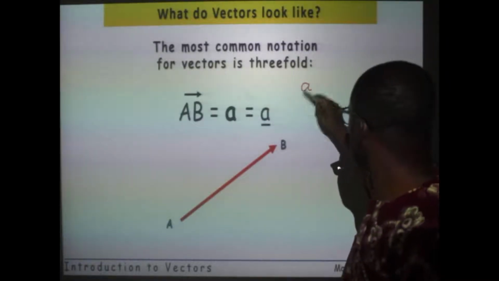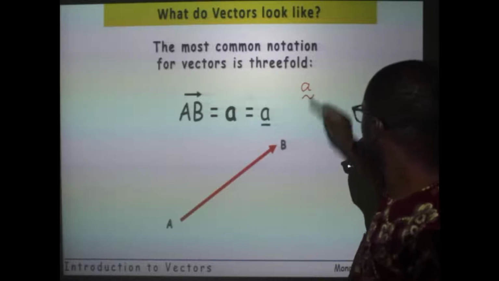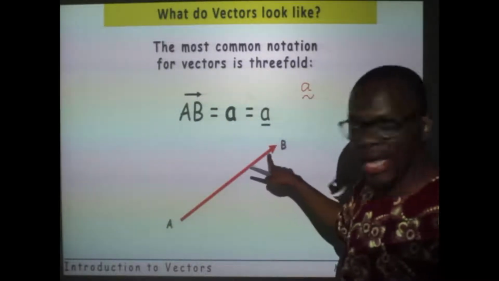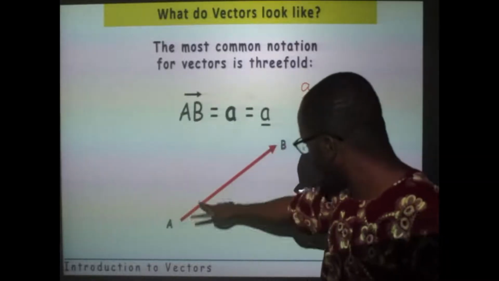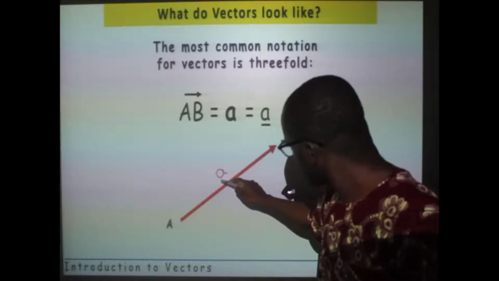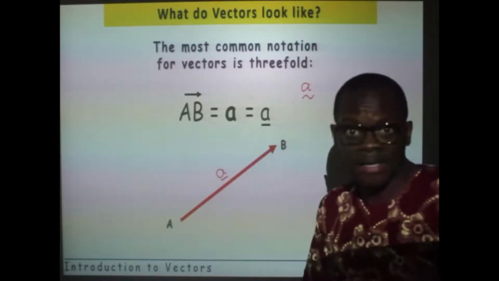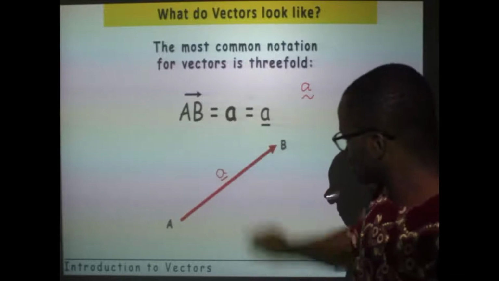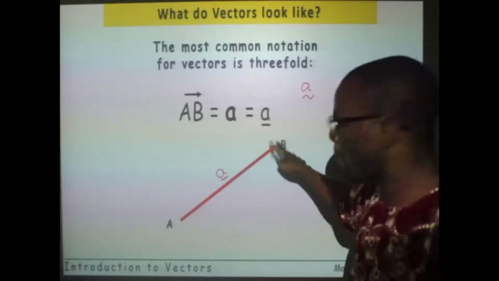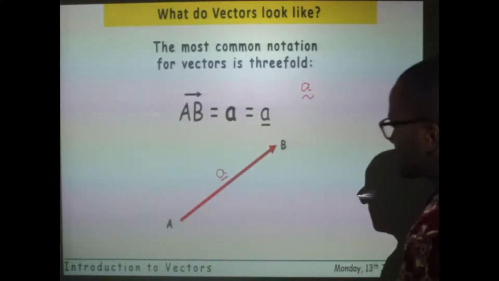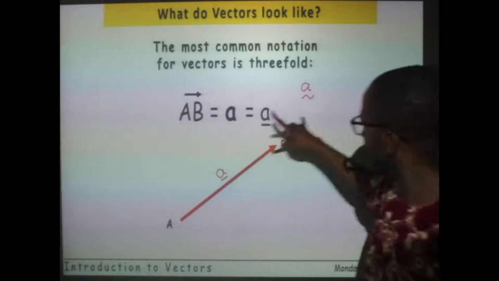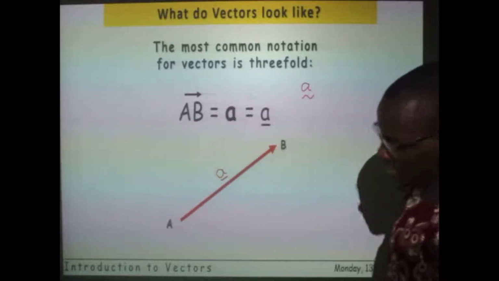If you want to write down this vector AB, you can write it like this, or you write A with the underline like that, to represent that vector, starting at A and stopping at B. So these are the 2 common ways of representing vectors.